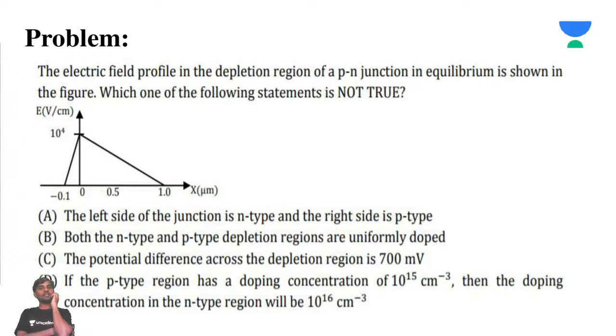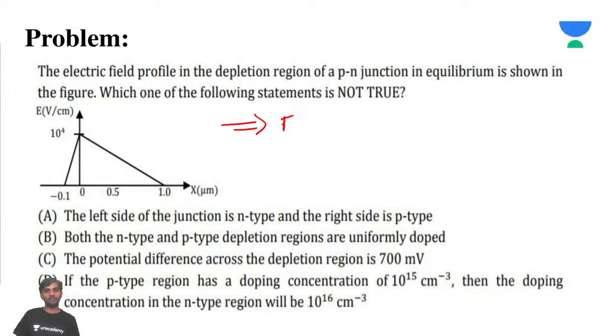The electric field profile in the depletion region of a PN junction in equilibrium is shown in the figure. Which of the following statements is not true? This is saying this is the electric field. So far we're discussing the same thing, right?